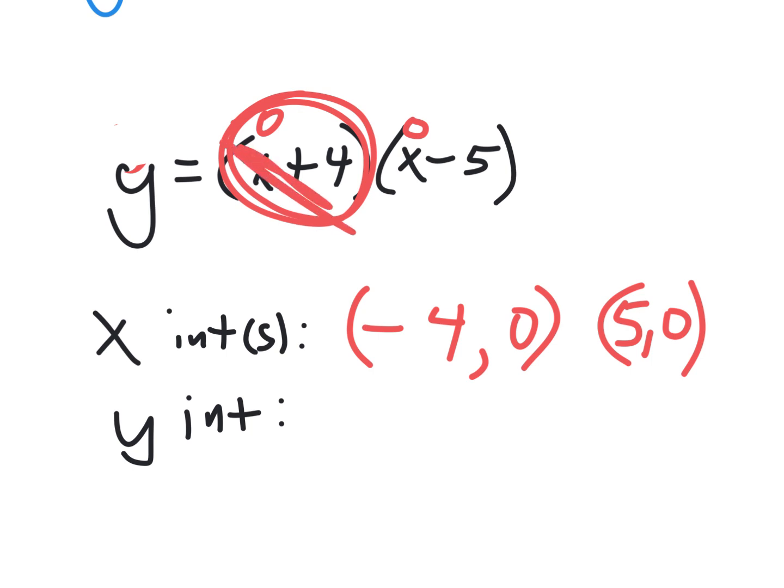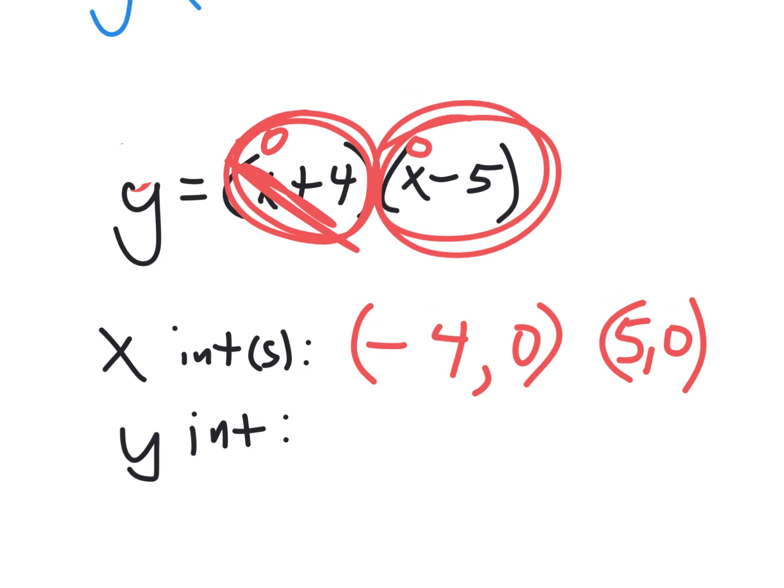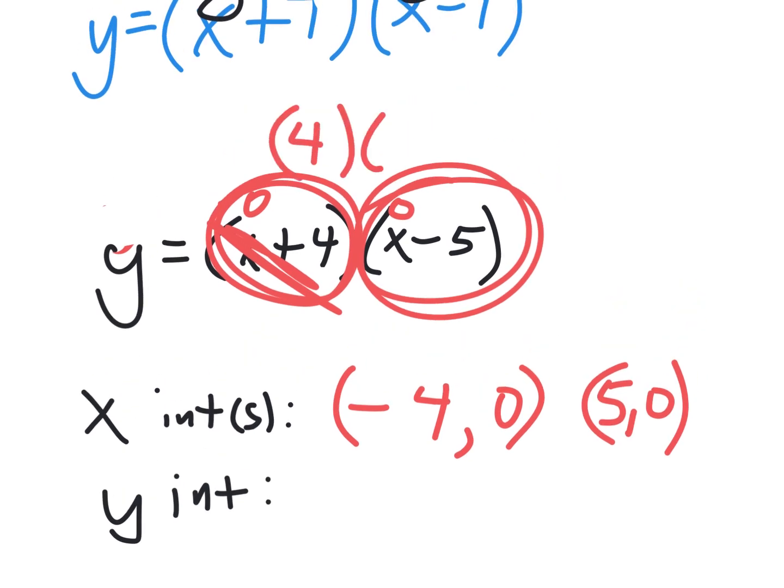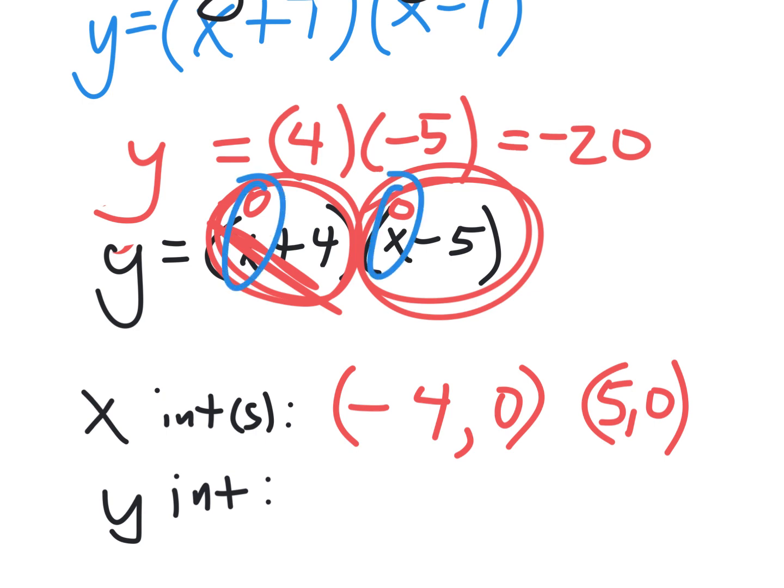And then how about 0 minus 5? -5. All right, so this is 4, and this is -5. What's the grand total? -20. Correct. What did we just find? The y-intercept, because we set x equal to 0. So the y-intercept was -20.